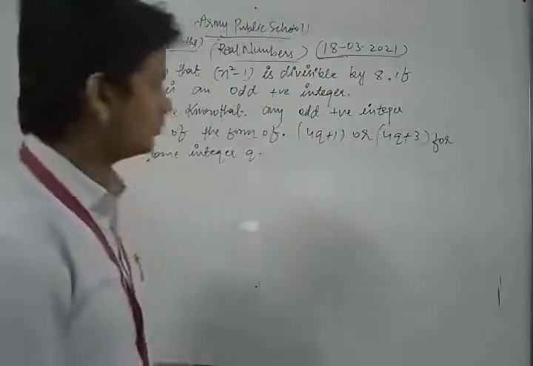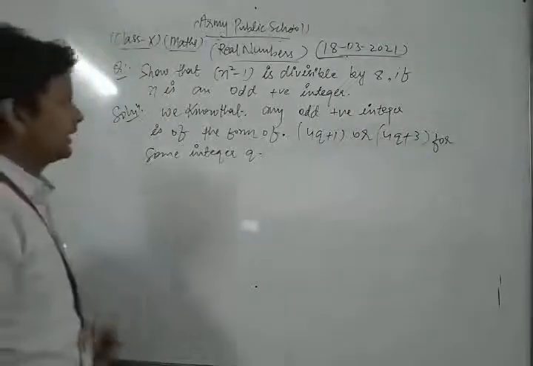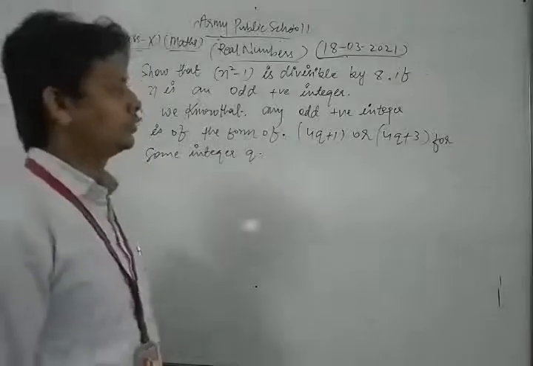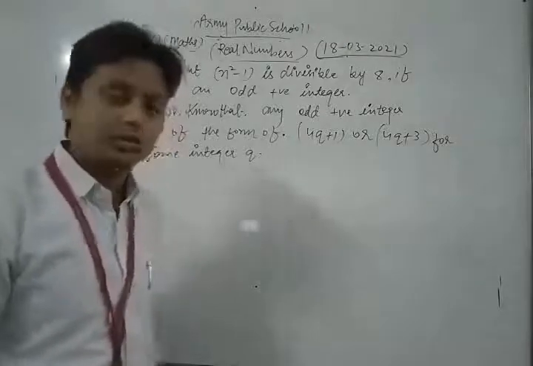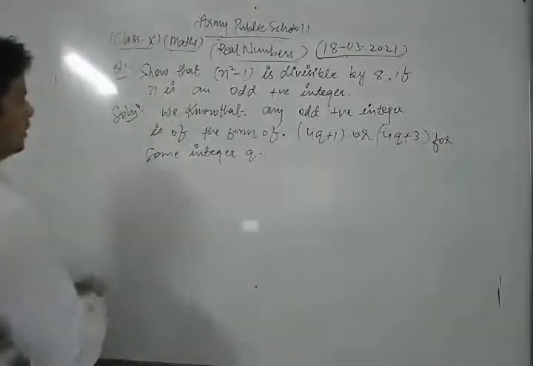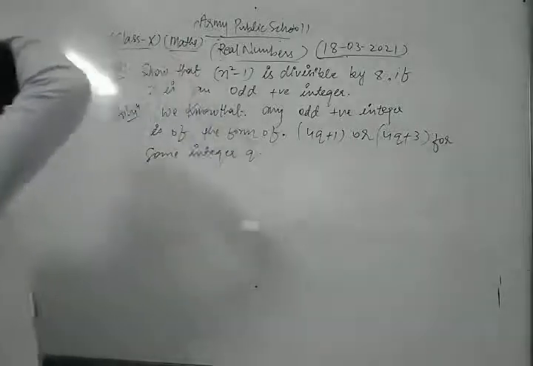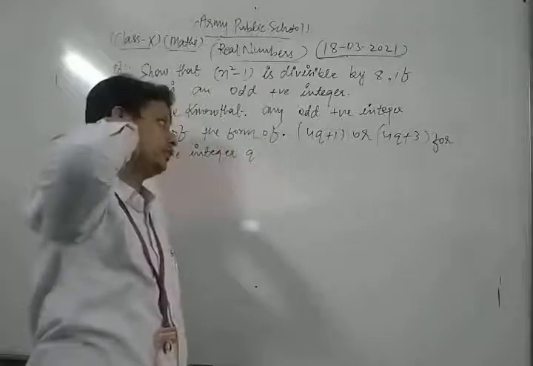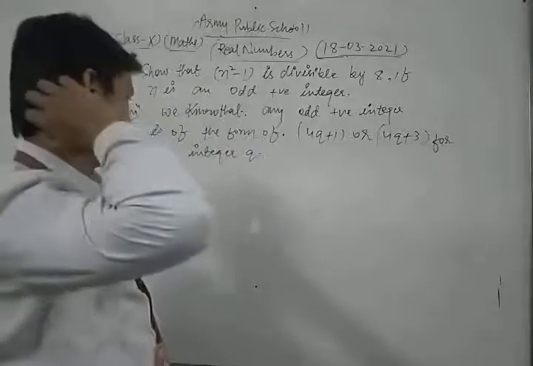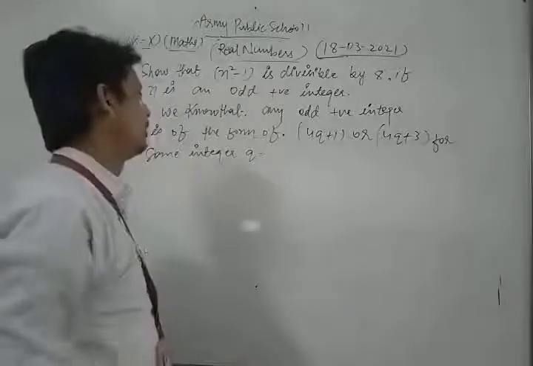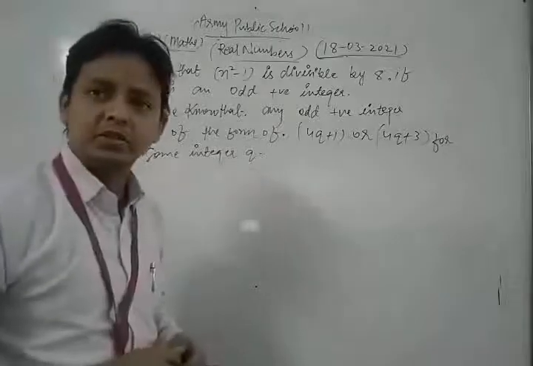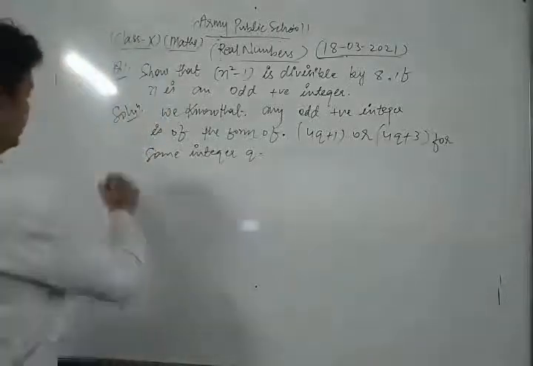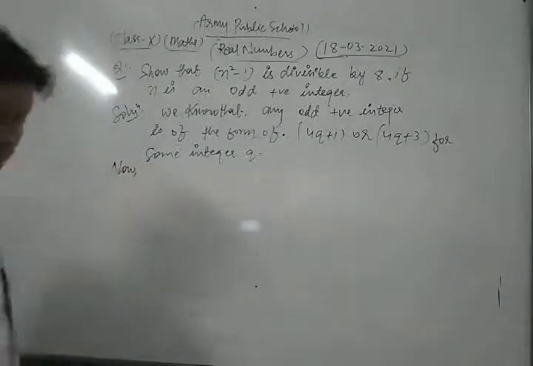So we know that any odd positive integer is of the form 4q plus 1 or 4q plus 3 for some integer q.